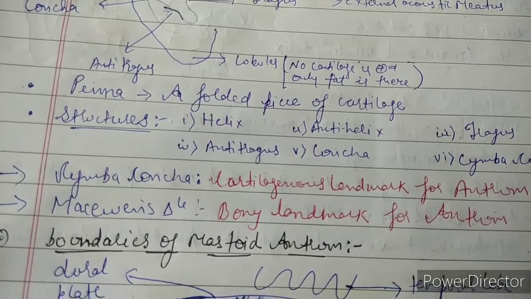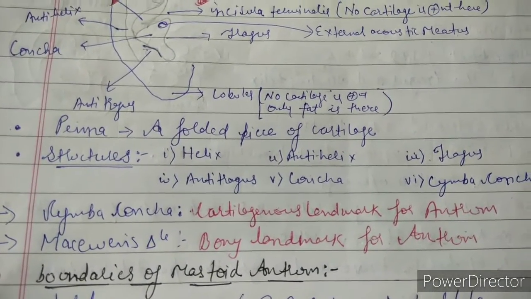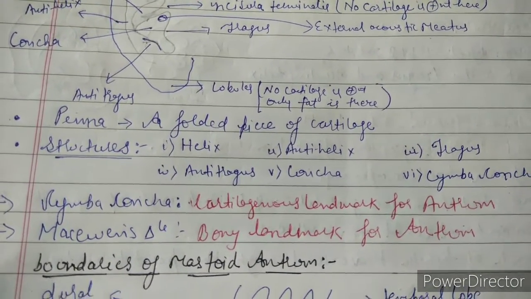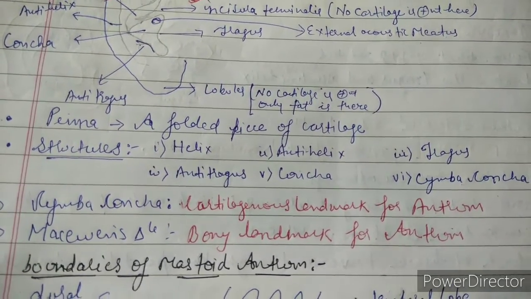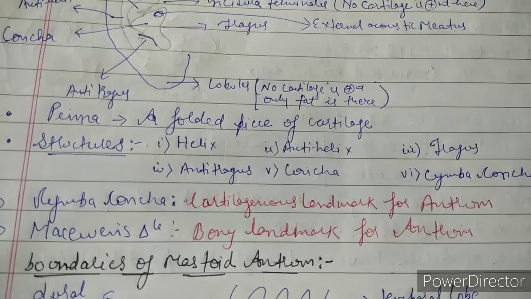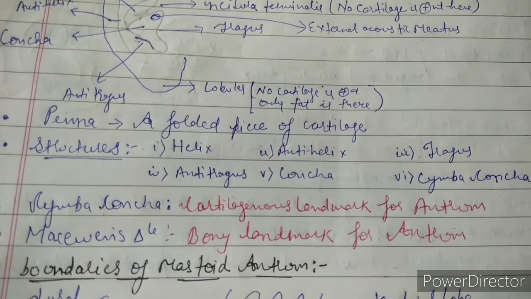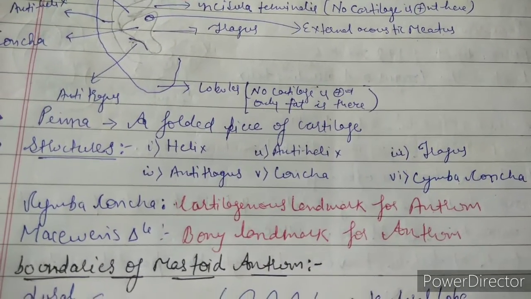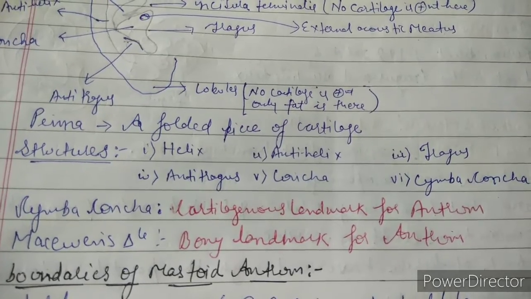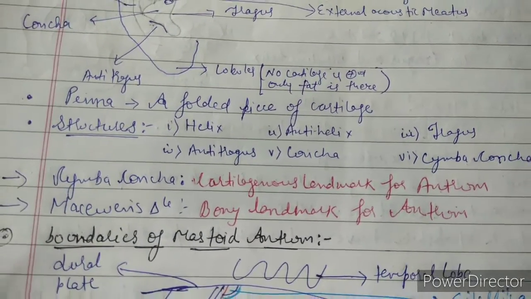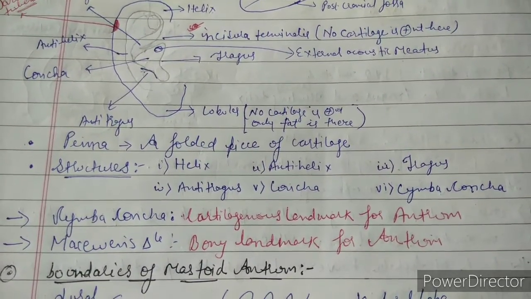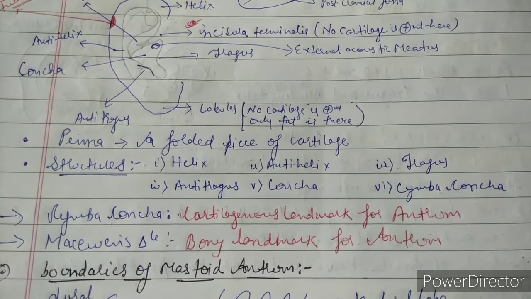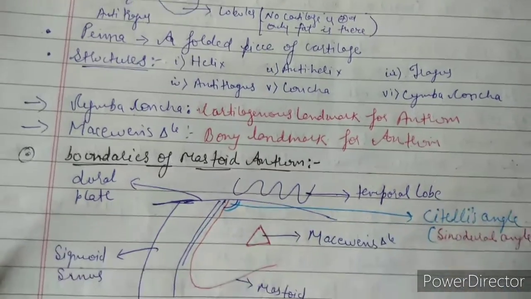In the mastoid, which part exactly should we make the opening in, so that we enter the middle ear without damaging the important structures present there? That part, or that space from where we can make the opening, we get by seeing these landmarks only. The cartilaginous landmark is the cymba concha, and McEwen's triangle is the bony landmark. I will be discussing McEwen's triangle shortly, further below.